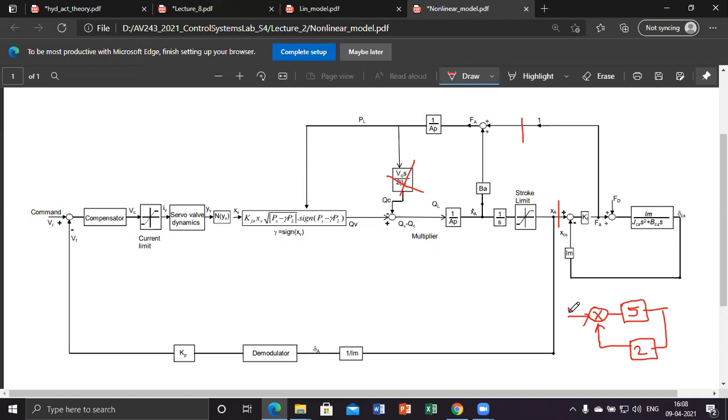This is the input U, this is the output Y, this is the feedback signal, say F, and this is the error. Can you simulate this? Yes or no?